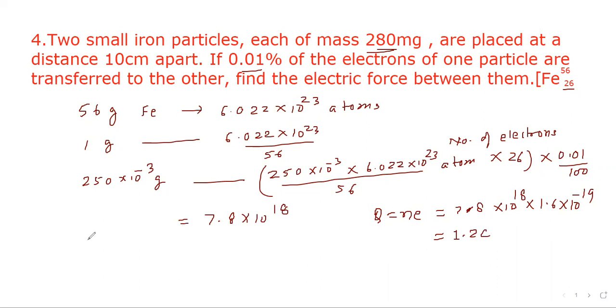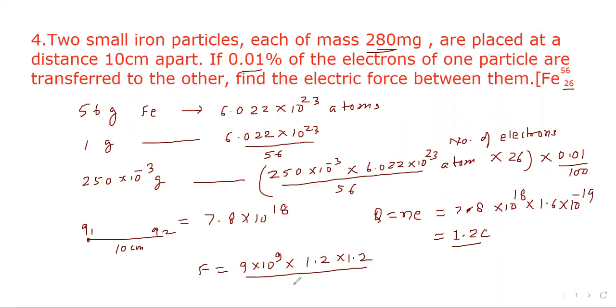Now there are two charges, Q1 and Q2. Both are equal to this, and separation is 10 centimeter. So now we can easily calculate the force. F will be equal to 9 into 10 to the power 9, Coulomb's law, into the product of the two charges, 1.2 into 1.2, divided by separation squared.